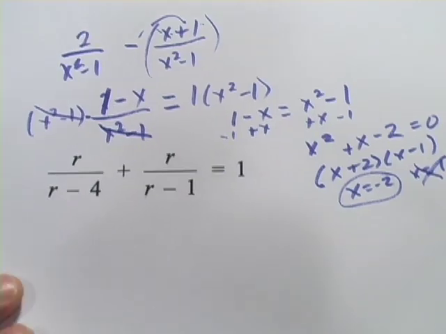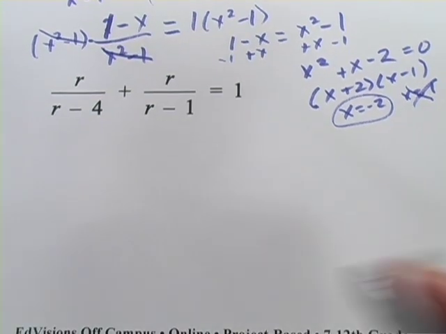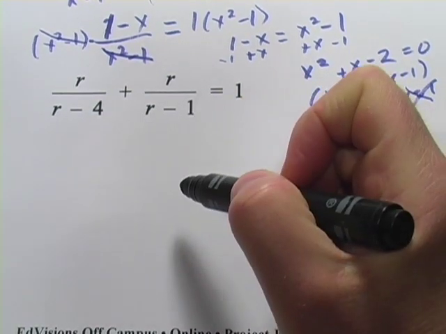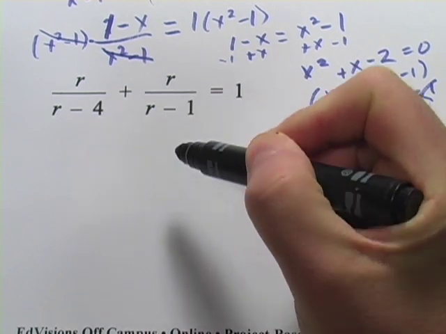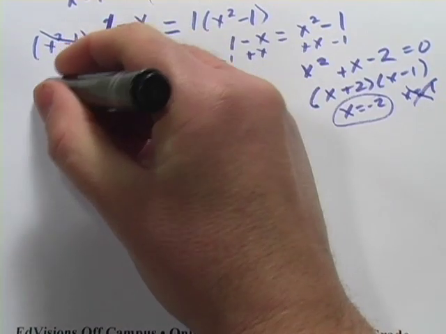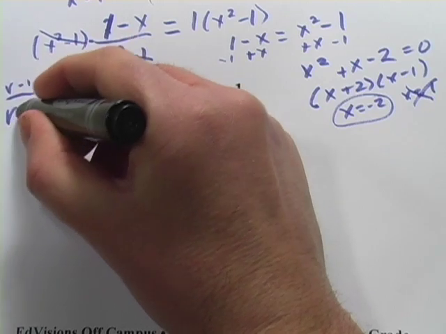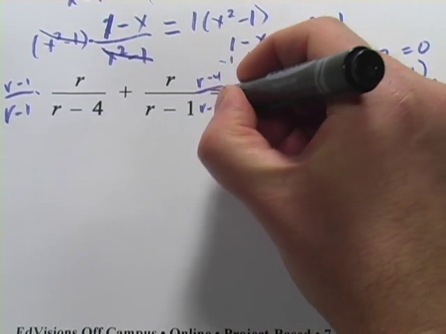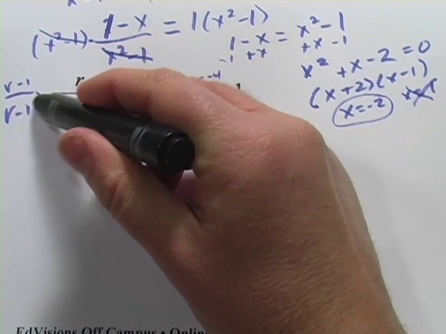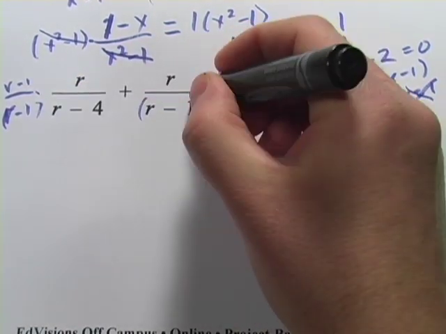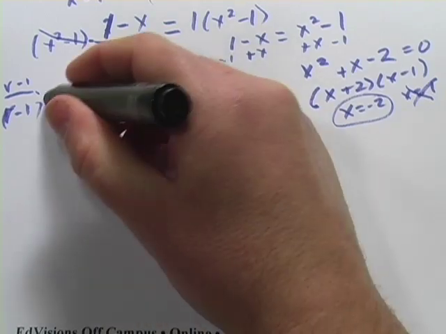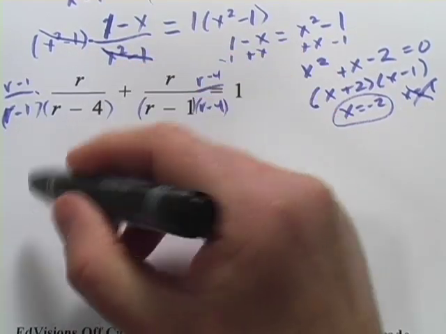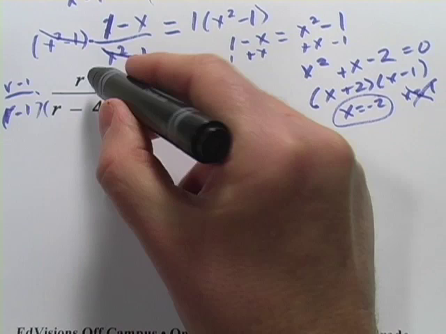All right, let's try one more. Now here I don't have a difference of squares, and to get the denominators the same, I'm just going to multiply this one by r minus 1 over r minus 1, and this one by r minus 4 over r minus 4. Then the denominators will both be r minus 1 times r minus 4. So on the top of this one, I have to multiply r minus 1 times r.